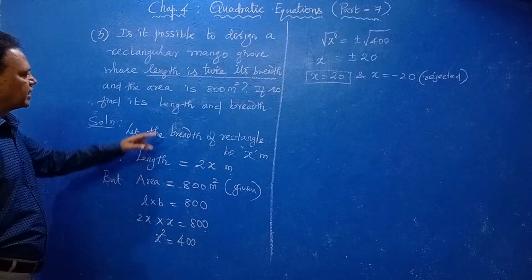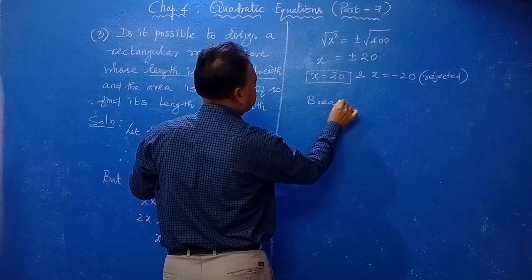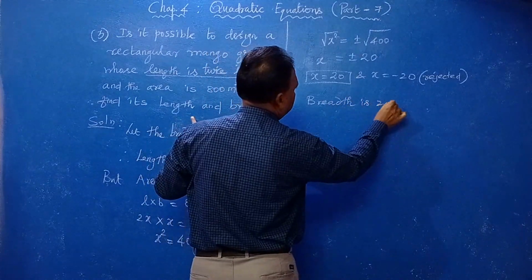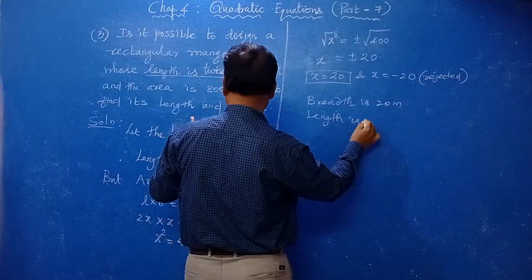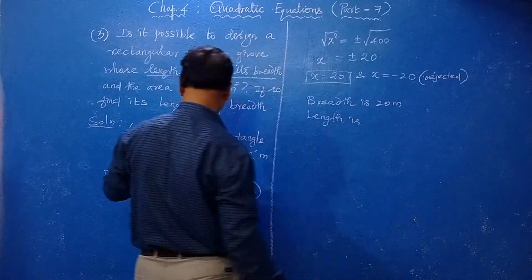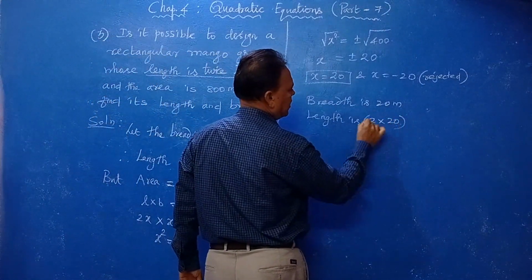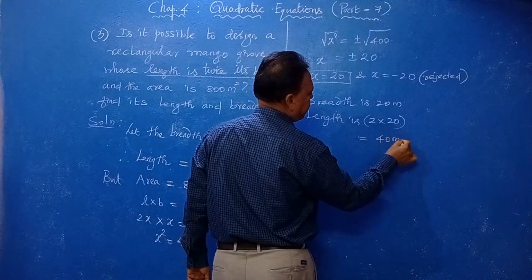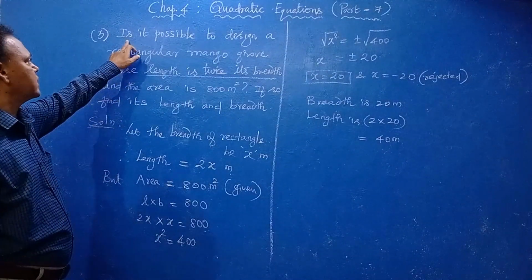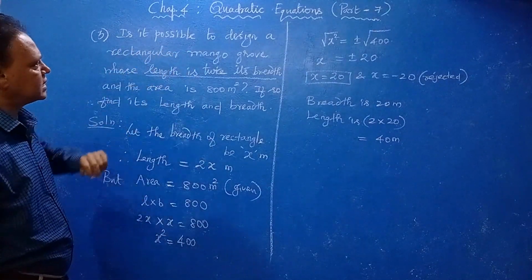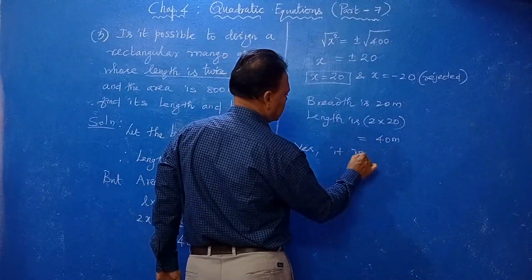Therefore, the breadth of the rectangle is 20 meter and length is 2 into 20, that is 40 meter. So it is possible. Clear? Is it possible to design? Yes, it is possible.